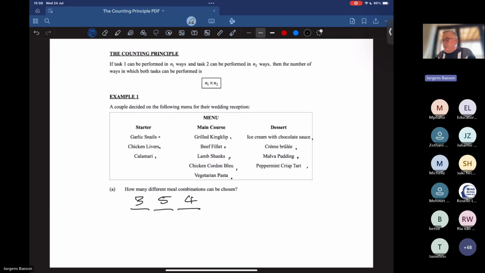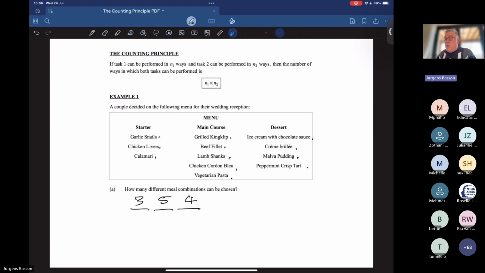Now the counting principle says, as we read here at the top, that once you know how many ways you can do every task, like N1 ways for task 1, N2 ways for task 2, then we just multiply N1 and N2.